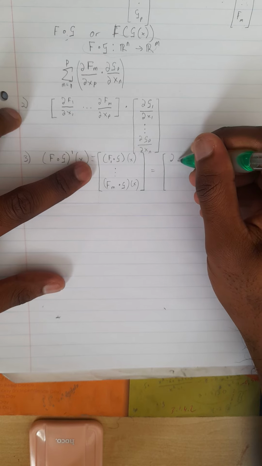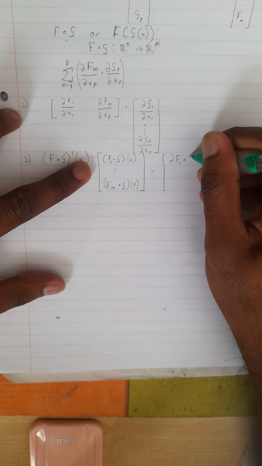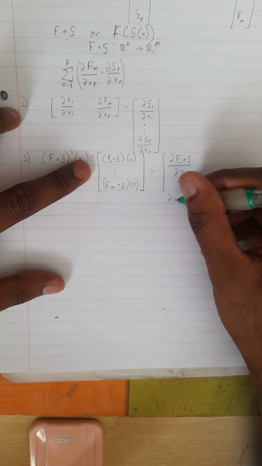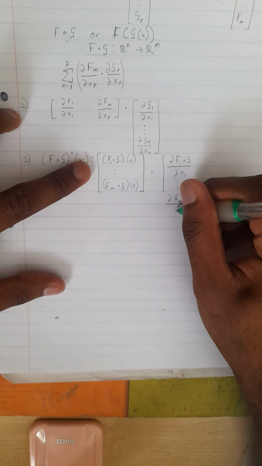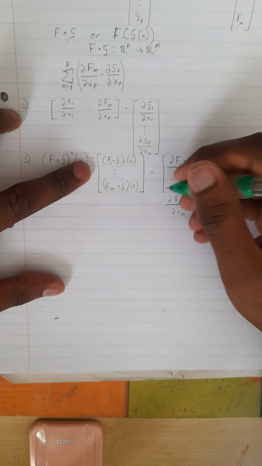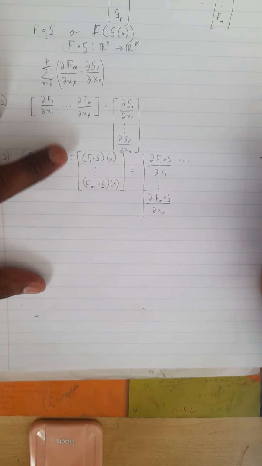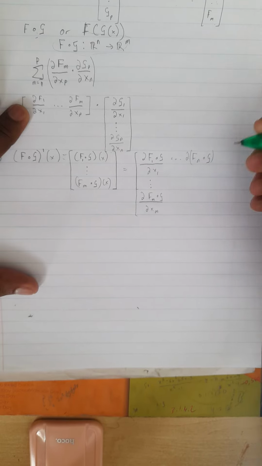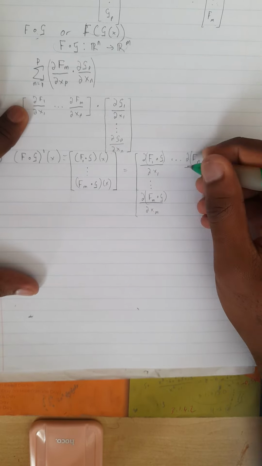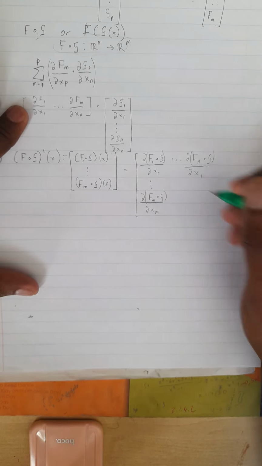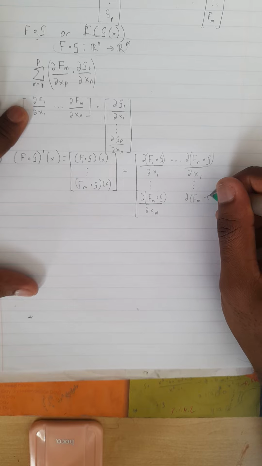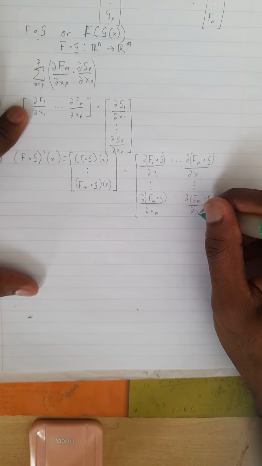So it's going to go from the partial derivative of f1 composition g with respect to x1, all the way up to the partial derivative of fm composition g with respect to xm in terms of its rows, up until the partial derivative of fn composition g over partial x1, and then partial fm composition g with respect to xn.